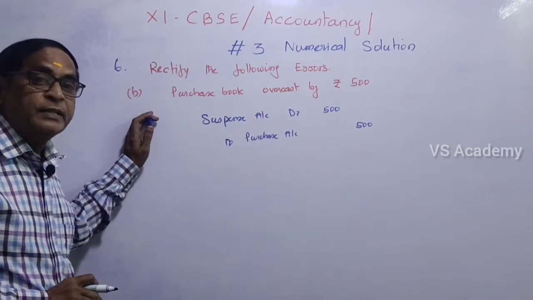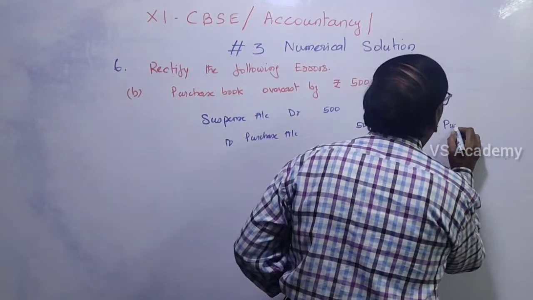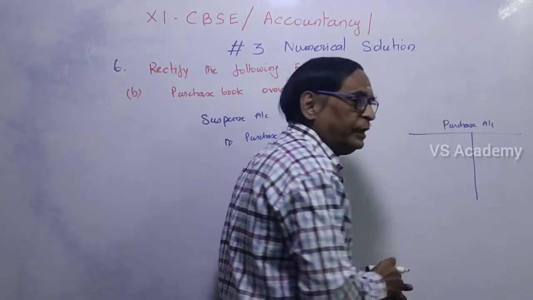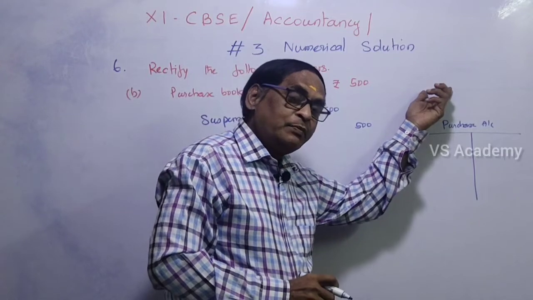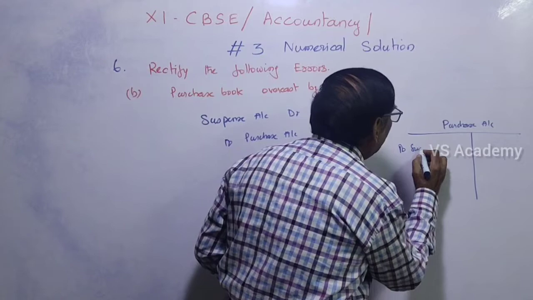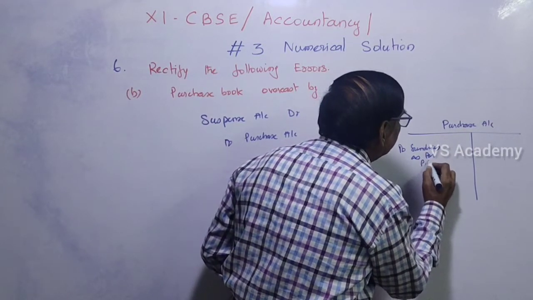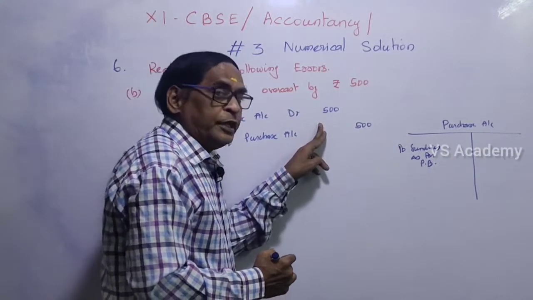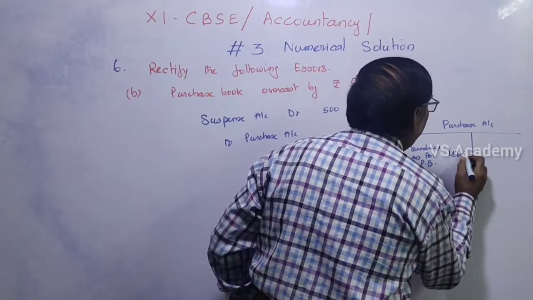So the purchase book overcast by 500 rupees is now rectified. And if it is before trial balance, what will be the entry? For example, purchase account: normally we enter in the debit side of the purchase account the closing balance of the purchase book, subsidiary book, to sundries as per purchase book. Now instead of, for example, 1000 rupees, we have entered 1500 rupees, extra.